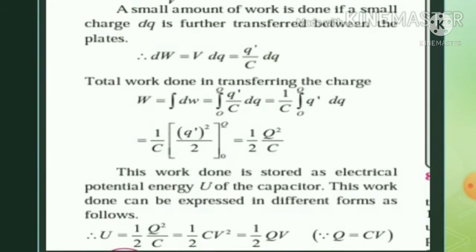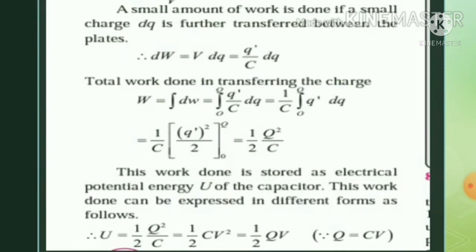This work done can be expressed in different forms as follows, and this work done is nothing but electrostatic potential energy or electrical potential energy. So work done W is nothing but electrical potential energy or energy stored in the condenser, U equal to 1 half Q square upon C.